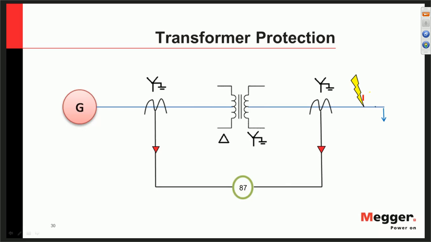But what if I have an external fault, let's say a line to ground fault? I would not want my transformer to trip because it's not a fault which happened in this zone. But with this winding configuration, you will see that the transformer can trip. It will be tripping in case of high magnitude line to ground faults externally. How? Let me show you.